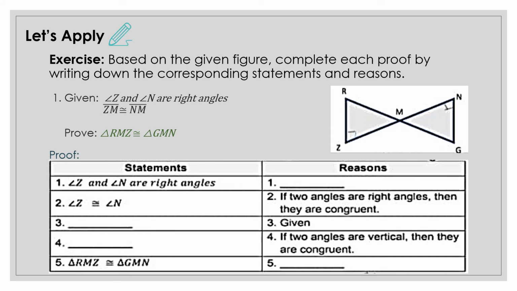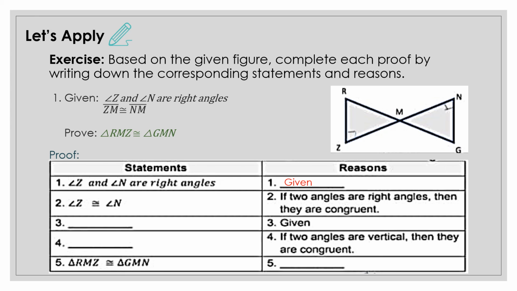We have here statements and reasons, and we have to fill in the blanks. For number one, angle Z and angle N are right angles. What is our reason for that? Yes, that is given. Very good.